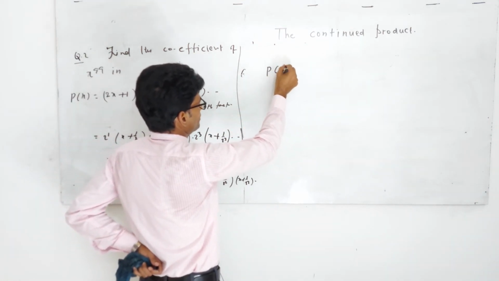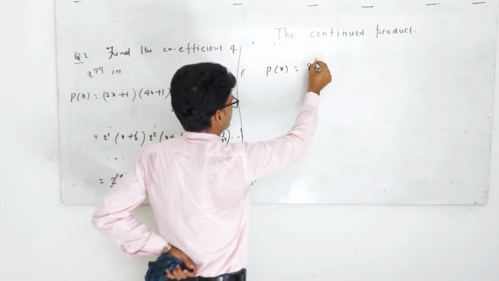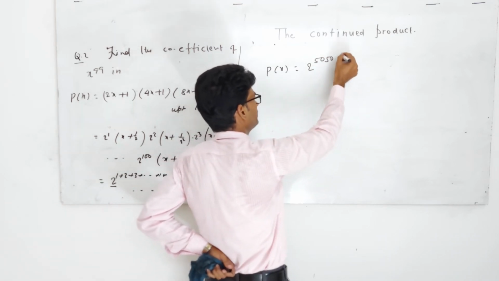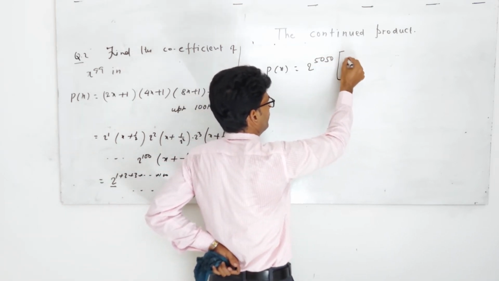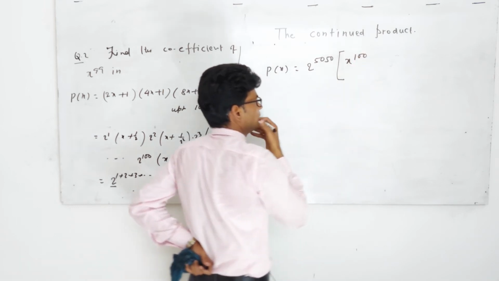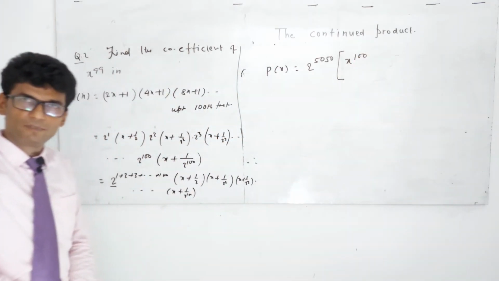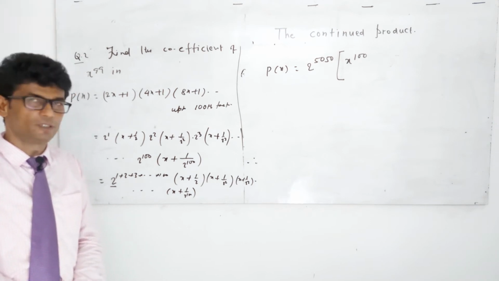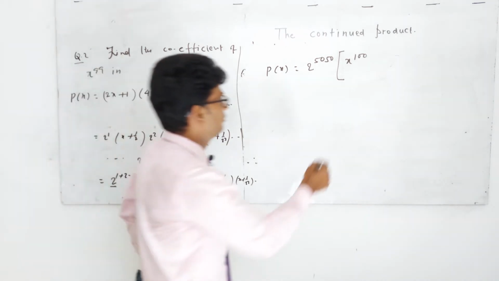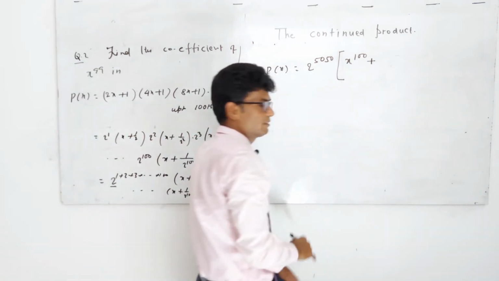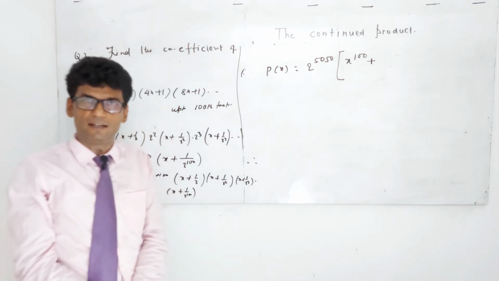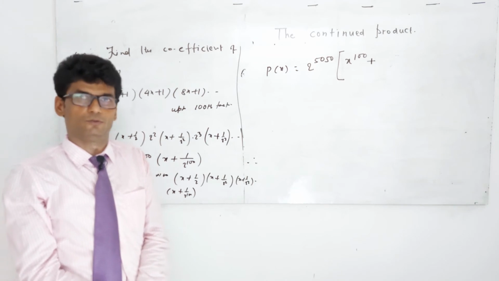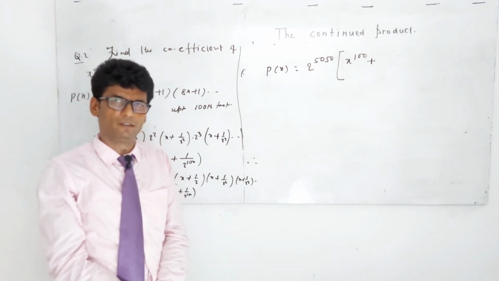So p of x is equal to 2 to the power of, we have seen just before, 5050. Now x to the power of 100, because we have taken x from each of the 100 factors and multiplied together, comes out to be x to the power of 100. Now from 99 factors we are taking x, and from the remaining one taking the number. So x to the power of 99 comes out to be common.